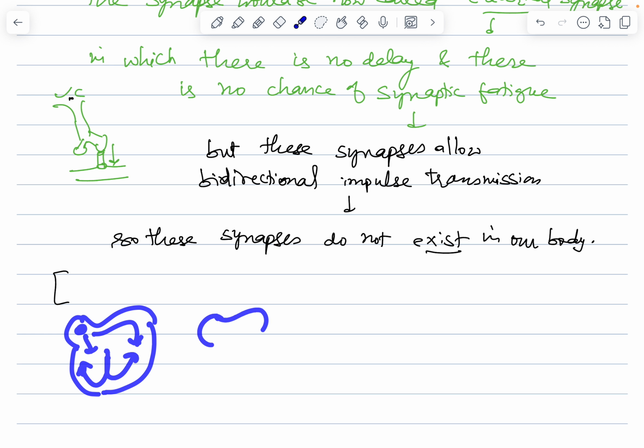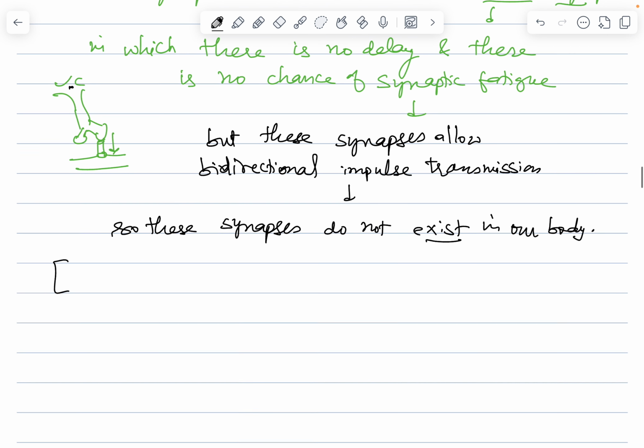But if the pacemaker is not functional, the AV node can generate the current and bring them down and also take them up in this direction. So in cardiac muscles, current transmission is happening this way, and if needed it can also happen in the opposite direction, upward from the AV node. Right now it is going down from the SA node to the AV node, but if required it can go back up in the opposite direction too, because between cardiac muscle fibers there are intercalated discs, which are gap junctions and proteins.